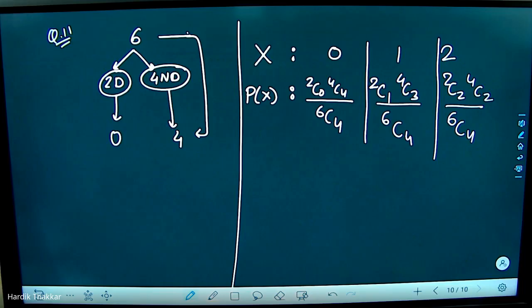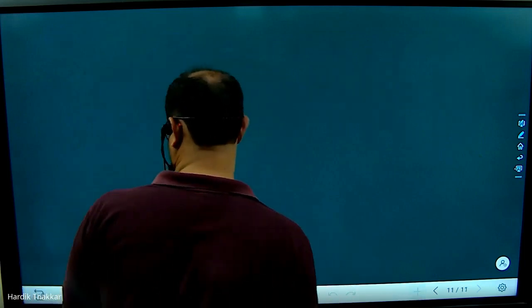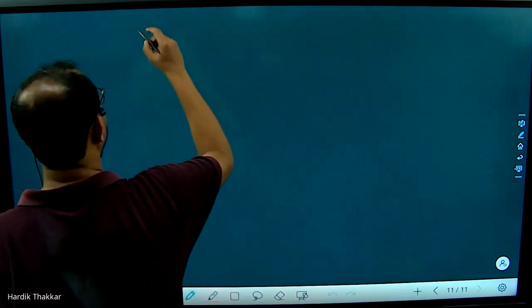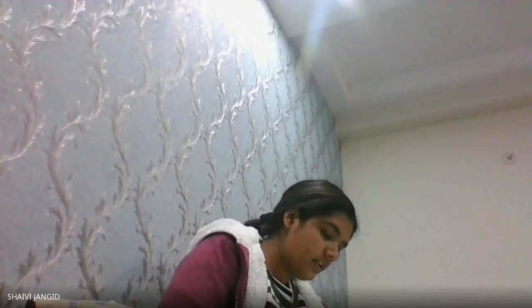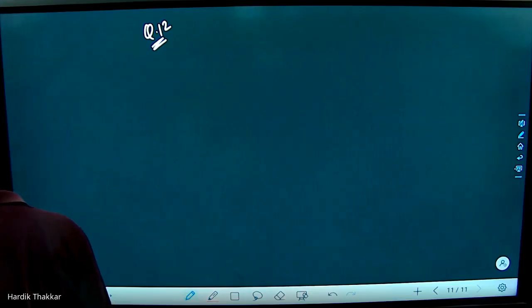Now, check question number 12. Okay, I will explain that 12th question. Is a table required here in question number 12? Yes, it is required. We have to make the probability distribution table first.